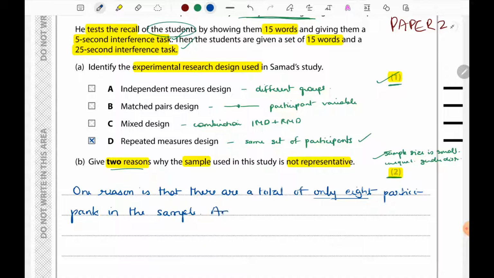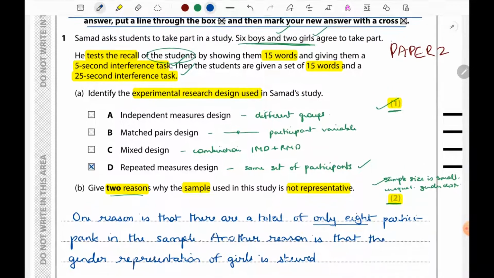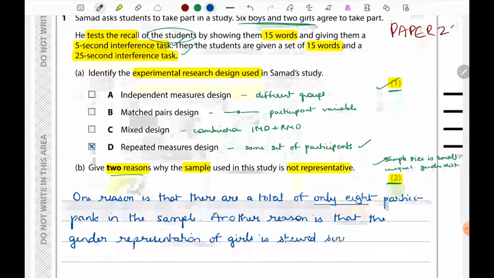Another reason is that the gender representation of girls is skewed since there are only 2 girls as compared to 6 boys.